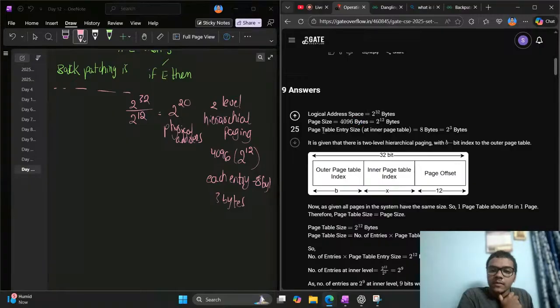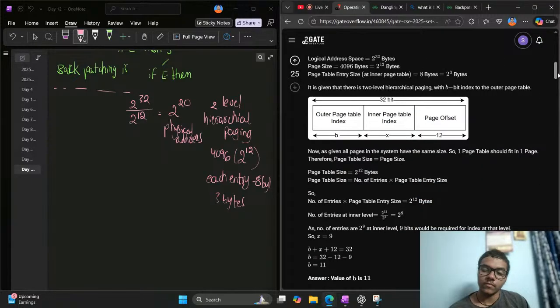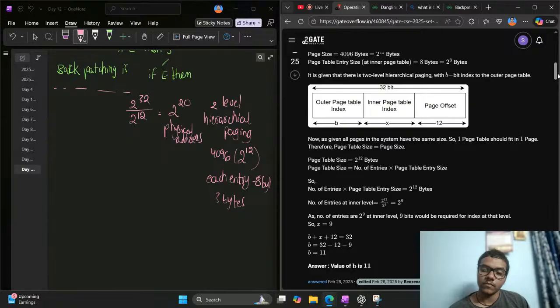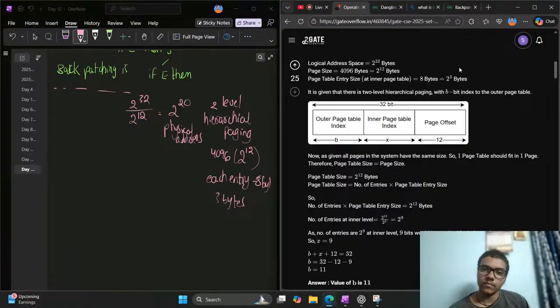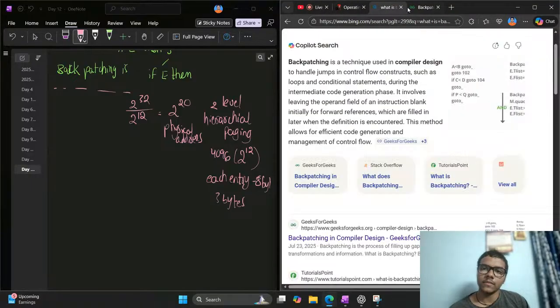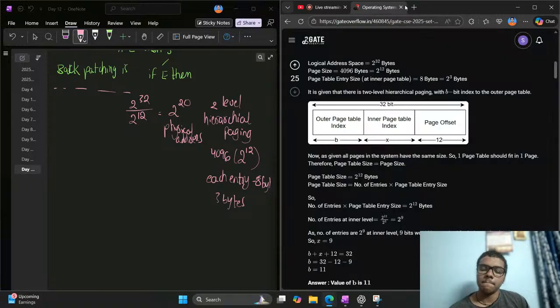So page table entry size 2 kilobytes. 2-level hierarchical paging. Alright, we actually need a little more understanding of this question. Let's see.